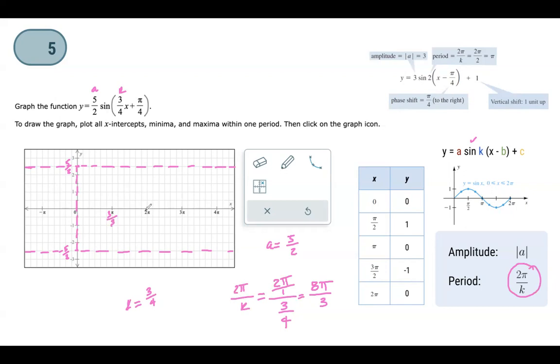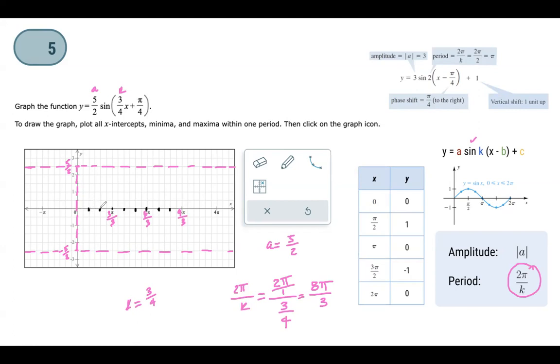So pi is basically 3 pi over 3. 2 pi is going to be 6 pi over 3. Now, this one, if you have 3 pi and you want to change it to thirds, it's going to be 9 pi over 3. So it's 1/3 before getting there. So let's try to figure that out. So this is 1/3, 2/3, 3/3, 4, 5/3, 6, 7, 8/3.